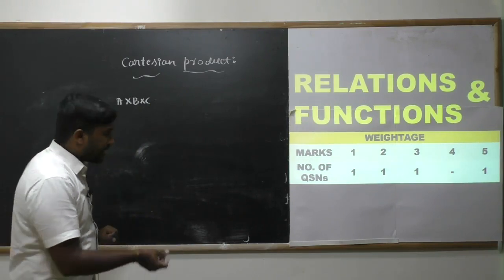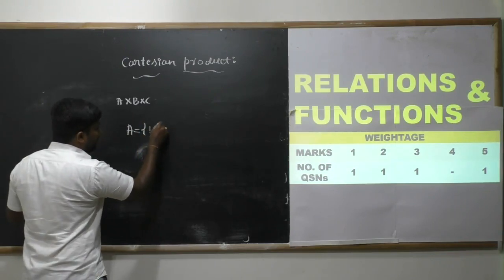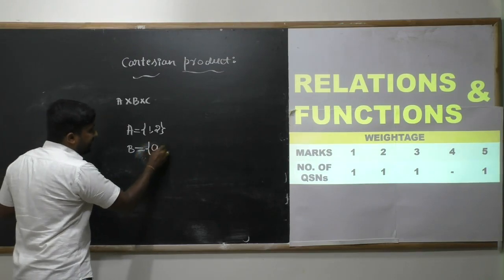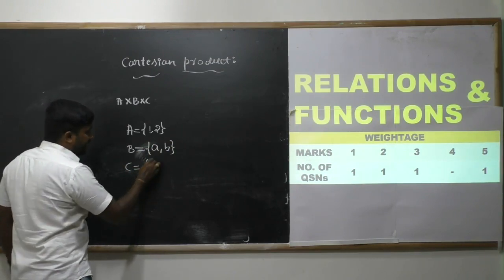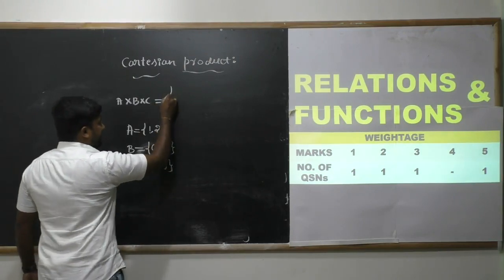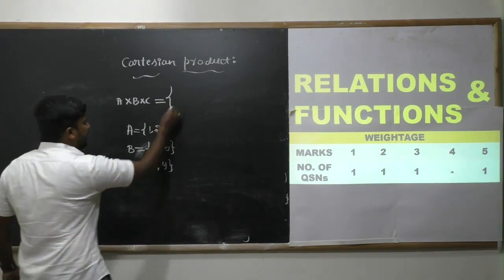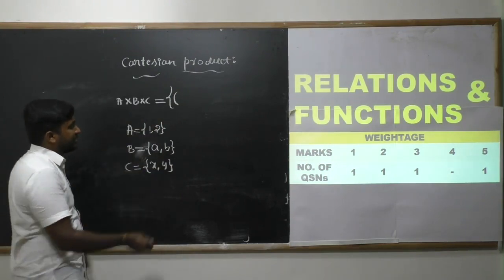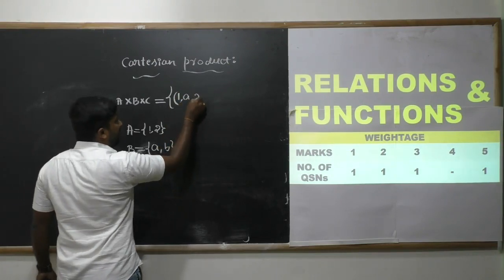With an example, we illustrate this. I am taking 3 simple sets. A is equal to the set with elements 1, 2. Next, B is equal to the set with elements a, b. Next, C is equal to the set with elements x, y. Now, shall we write down A cross B cross C? A cross B cross C is equal to a new set whose elements are ordered triplets. The first element is the ordered triplet (1, a, x).